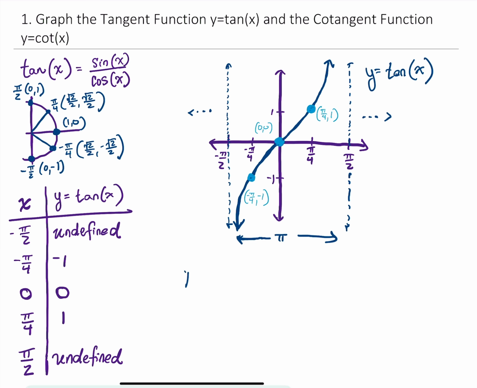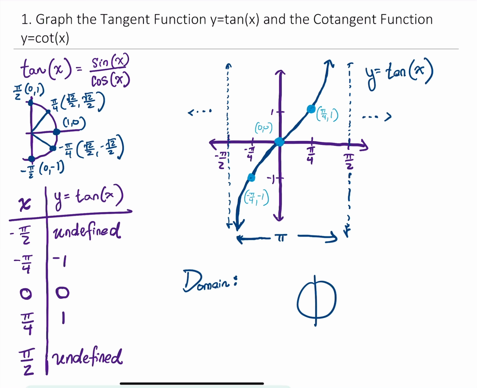For the domain, we can take any inputs except for where these vertical asymptotes are. So anywhere except for where the cosine is equal to 0. So we have to think about where that would occur.